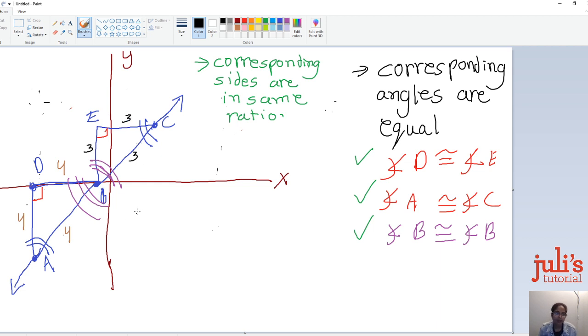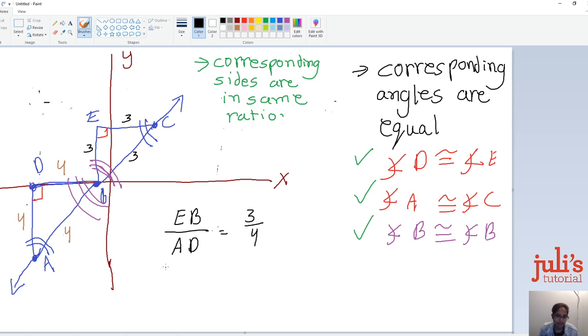Now let's say I'm trying to figure out my corresponding sides ratio. So the first one is going to be this side, the height, AD over EB, or EB over AD, since this is the bigger triangle. So we have EB over AD, which is 3 over 4.